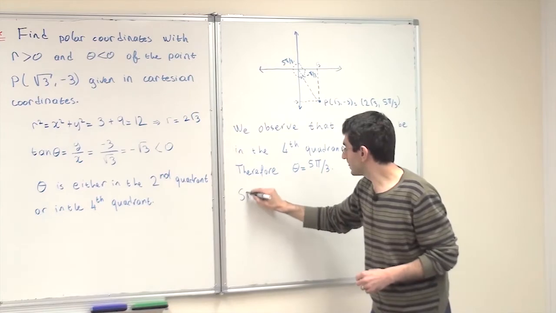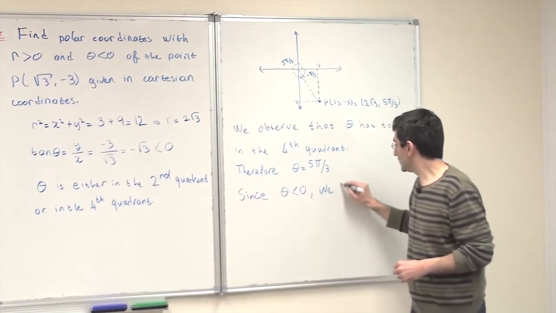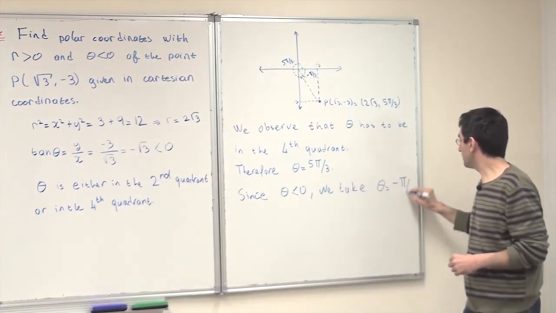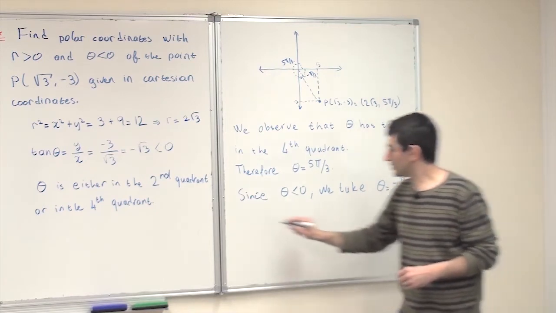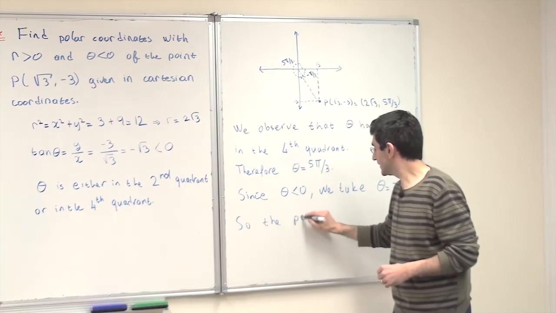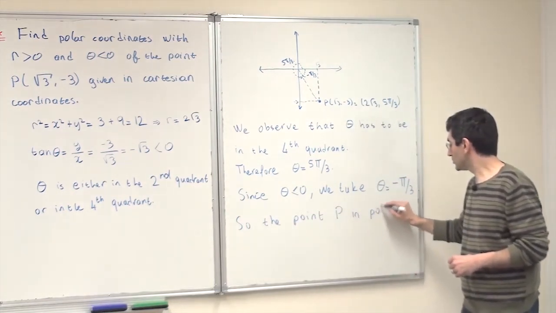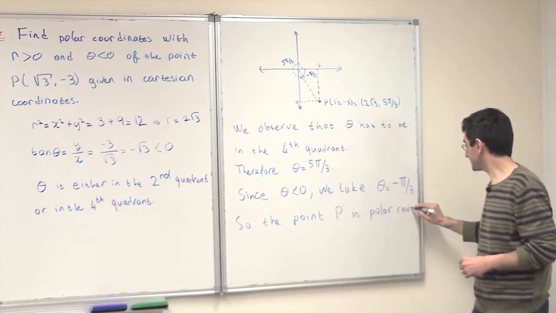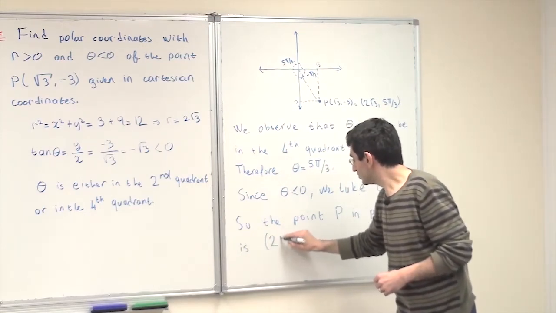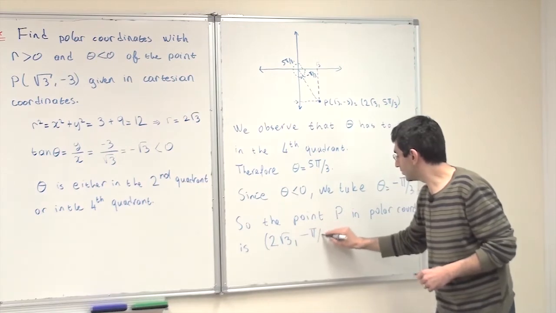So since theta has to be negative, we take for theta negative pi over 3. So the point P in polar coordinates is 2 square root of 3, negative pi over 3.